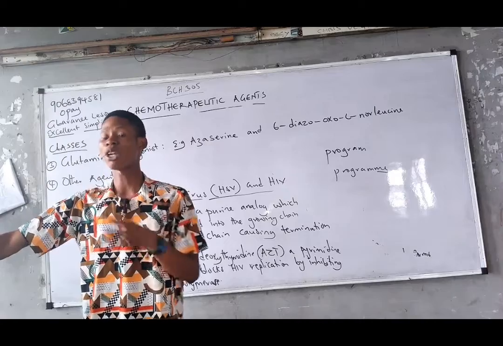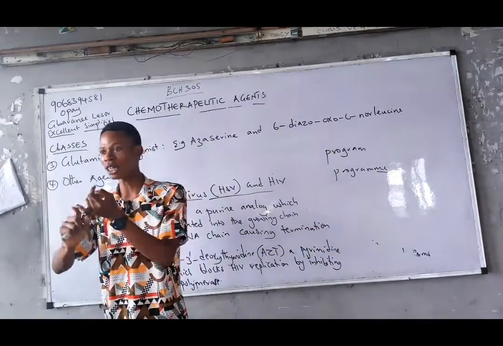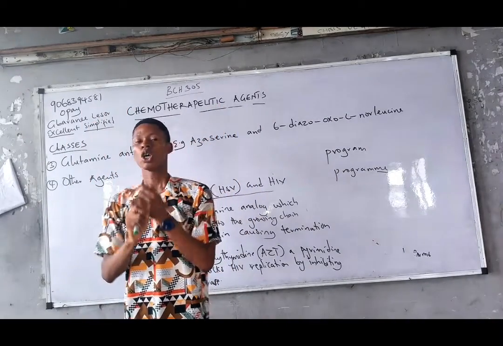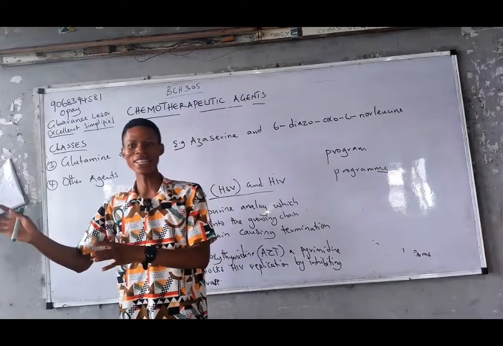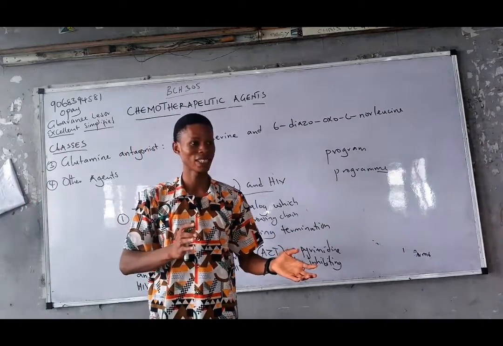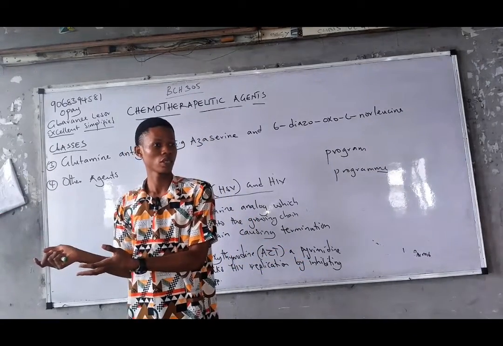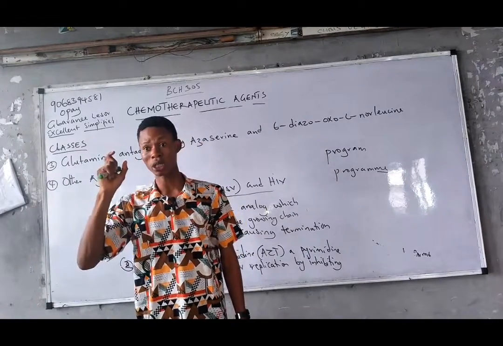In fact, in the synthesis of purine, glutamine provided nitrogen 3 and nitrogen 9, right? The amide nitrogen of glutamine provided that. Very, very important.